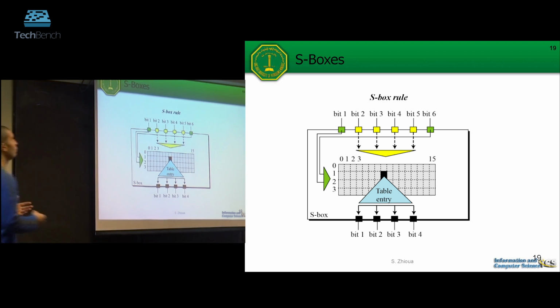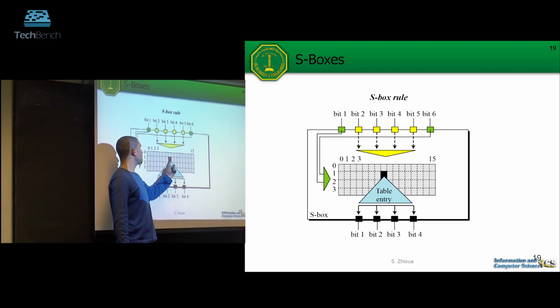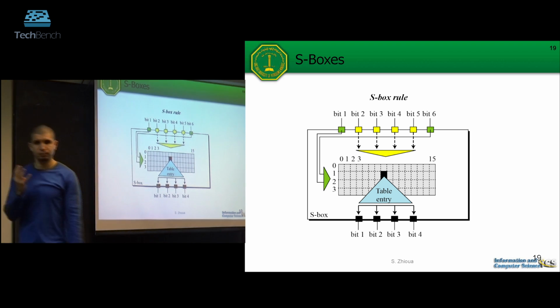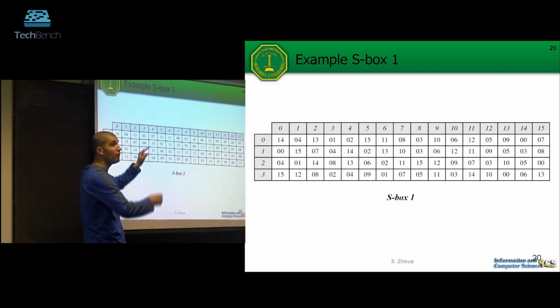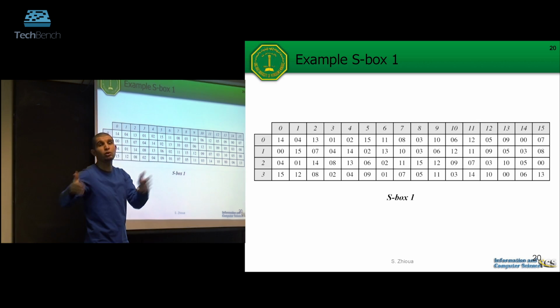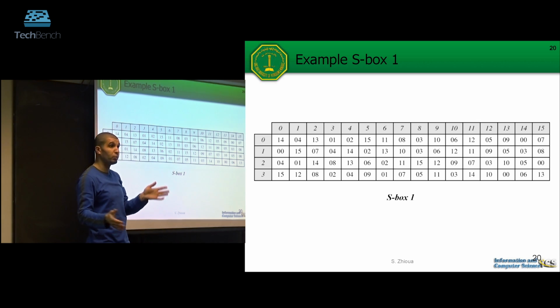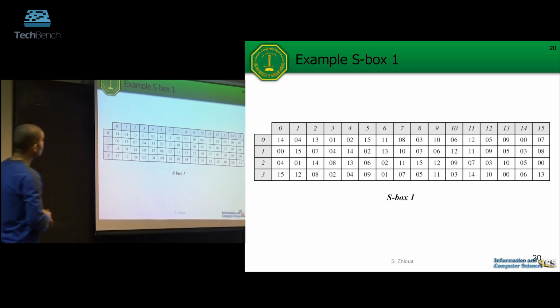But the numbers you will find here can be represented by 4 bits, so with 4 bits you can represent numbers from 0 to 15. This is S box 1, and you have 8 different S boxes, a separate S box for every block.